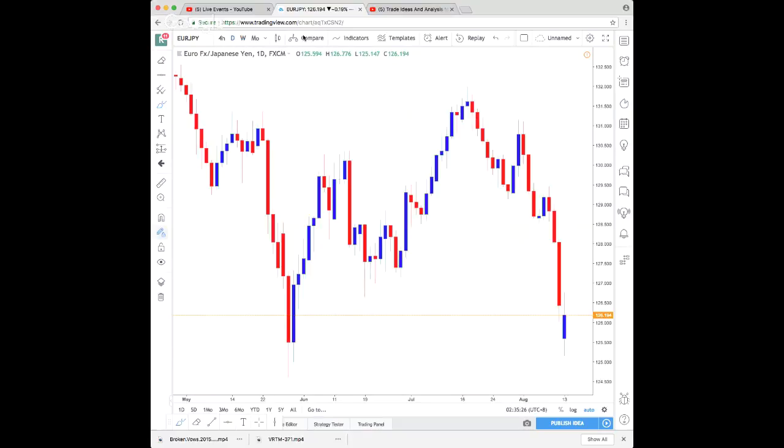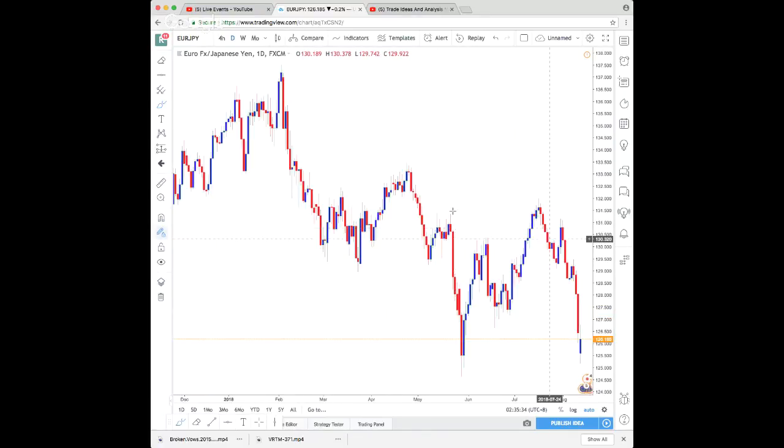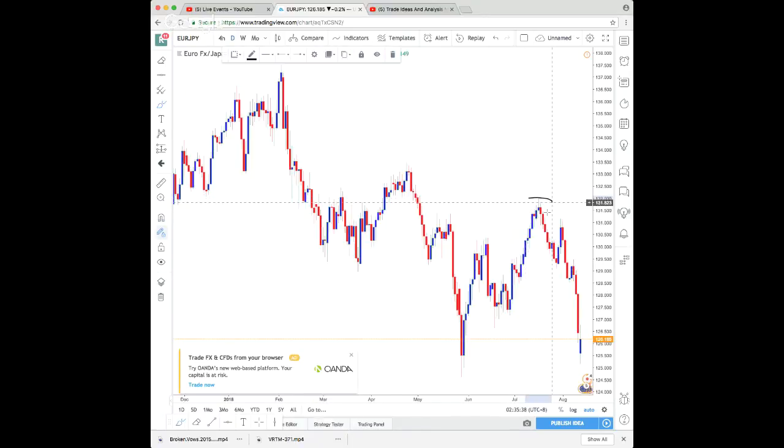So for the daily, right now, your main focus should be on this swing, on this impulse wave.